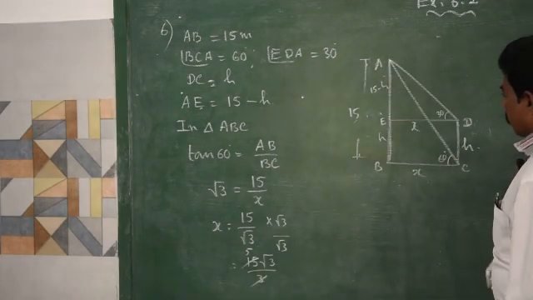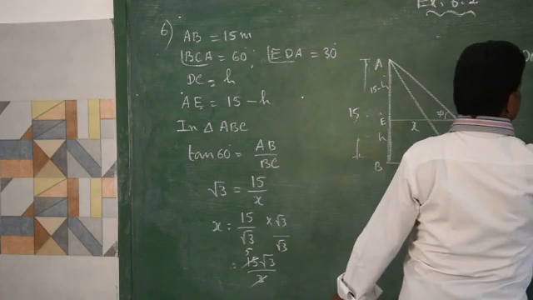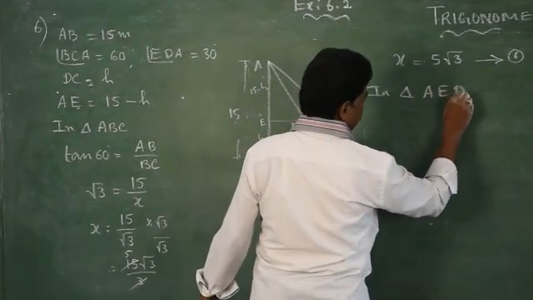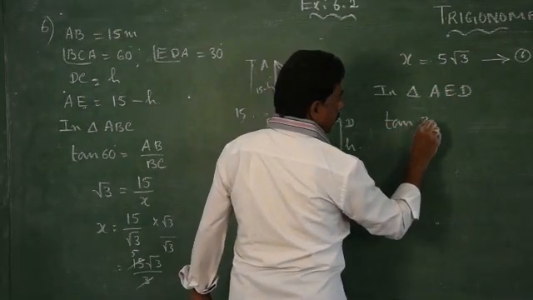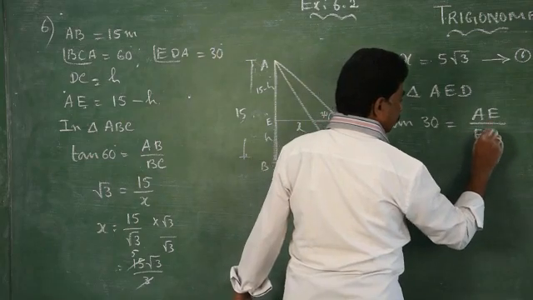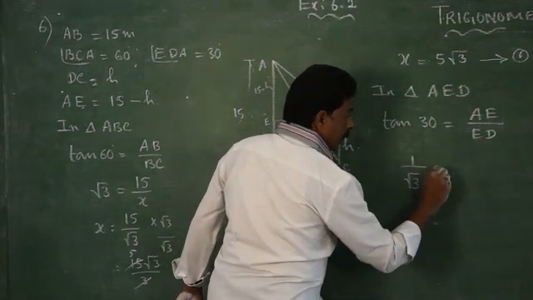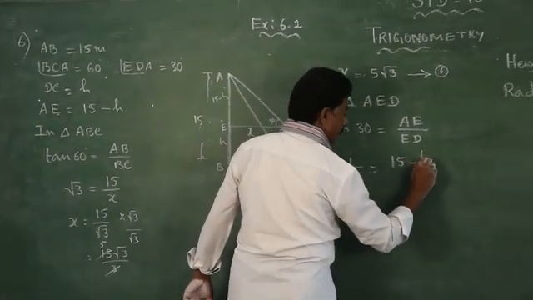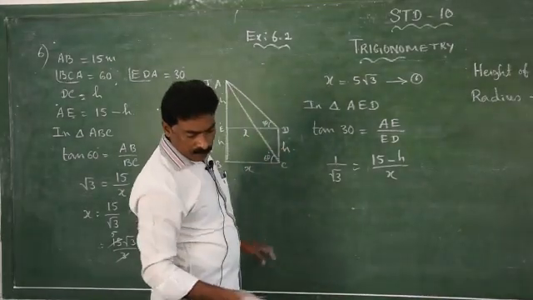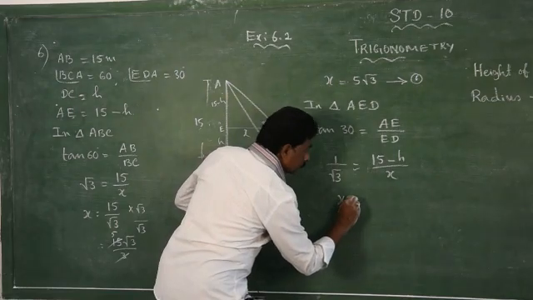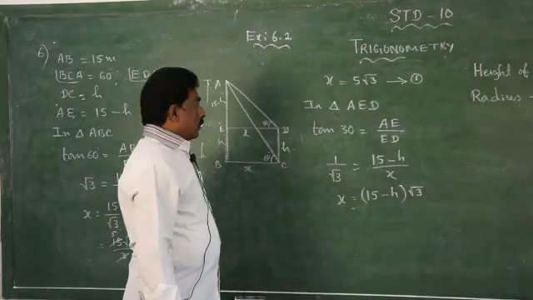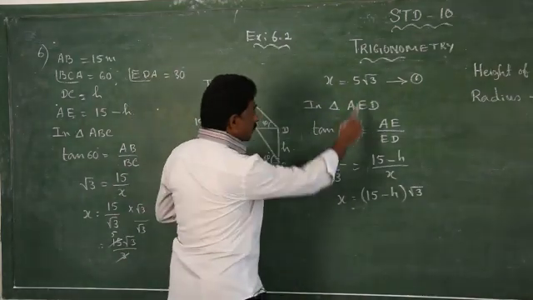You have to find H. So in triangle AED, tan 30 equals opposite AE by adjacent. 1 by root 3 equals 15 minus H by X. So when you cross multiply, X value we know, X is 5 root 3.